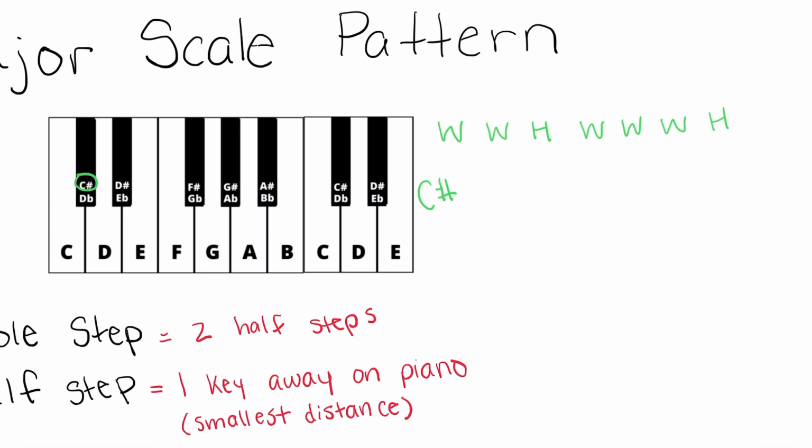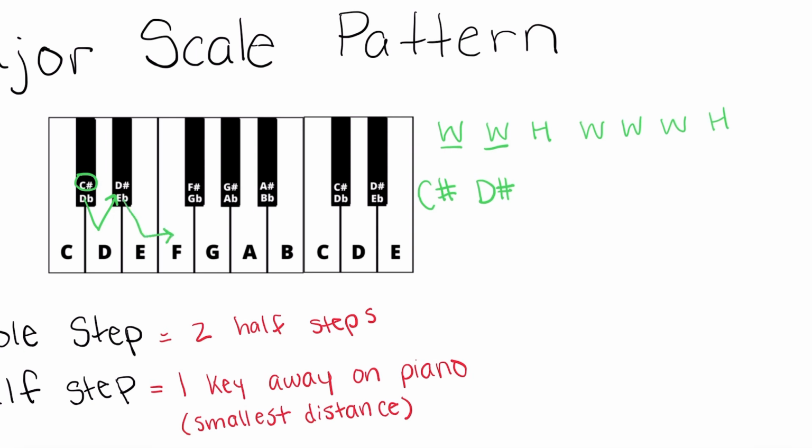We know that. We need a whole step. So whole step from C sharp is bam, bam. We're at D sharp now. We need another whole step. So we're going another 2 keys. Bam, bam.